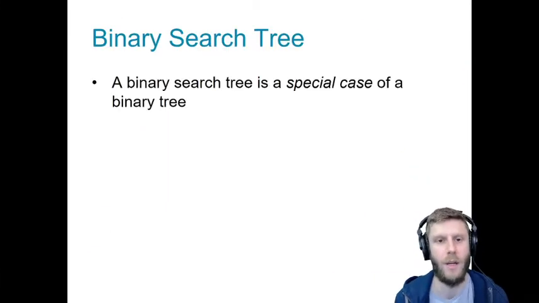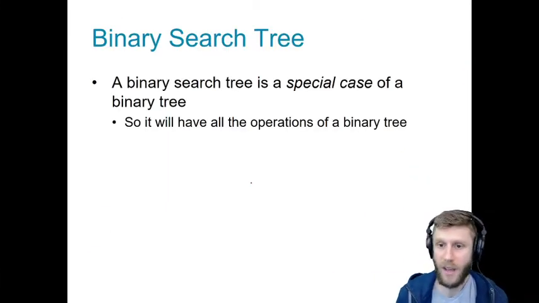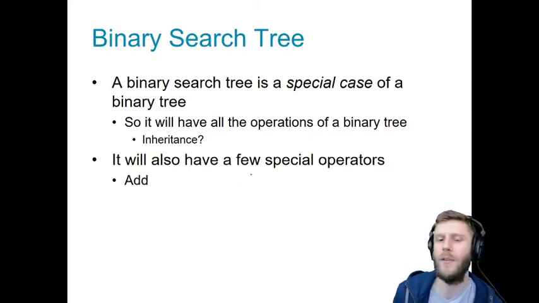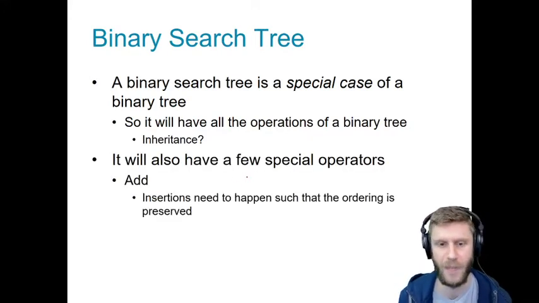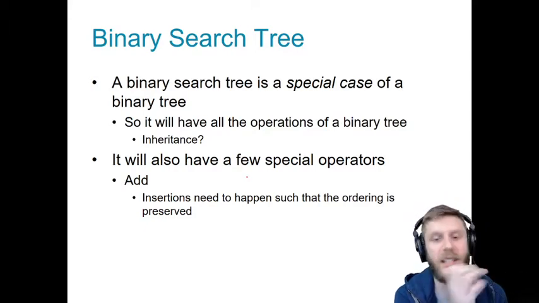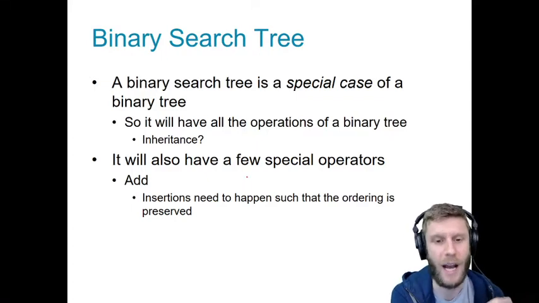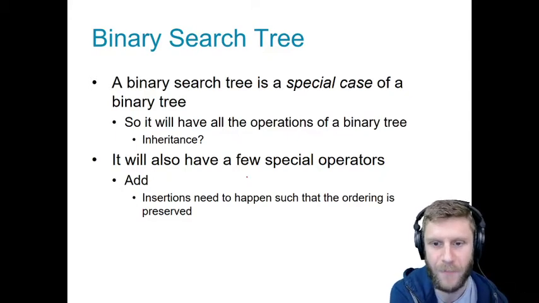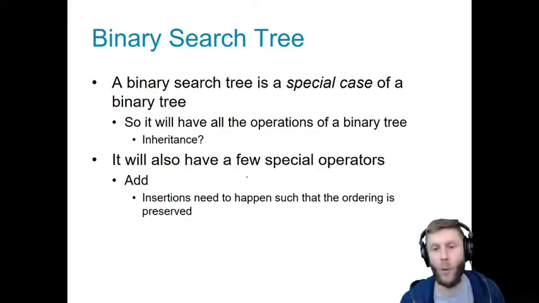We're in great shape. So it'll have all the operations of a binary tree. Inheritance might be handy here, but it will also have a few special operations like add. Because remember before with a regular binary tree, I said add, and the question was, well, where? Well, the benefit with a binary search tree is that if I do an add, we now will know where.